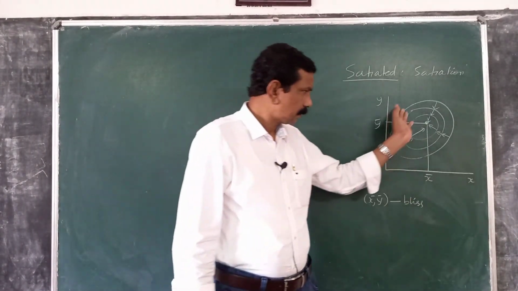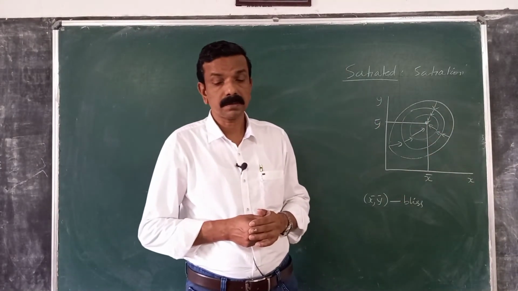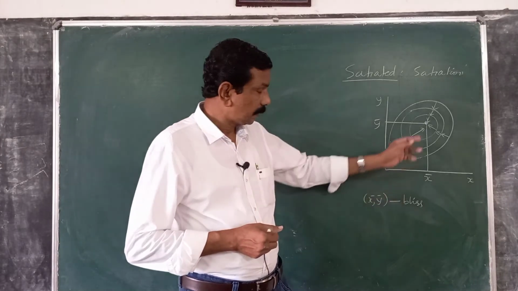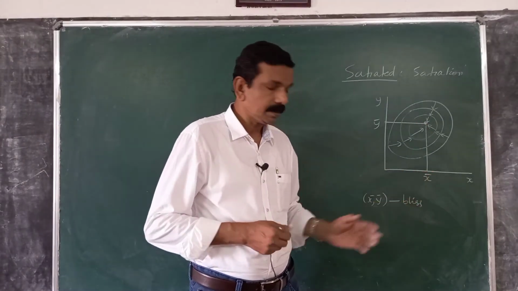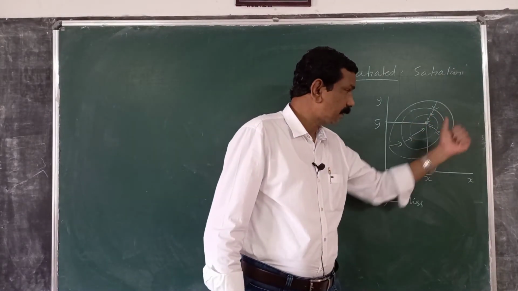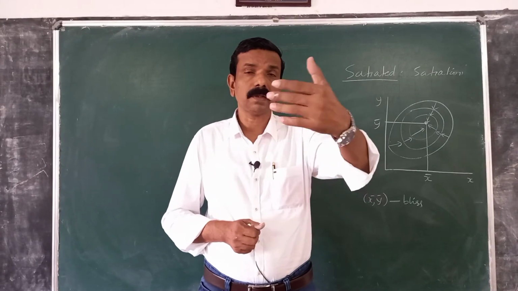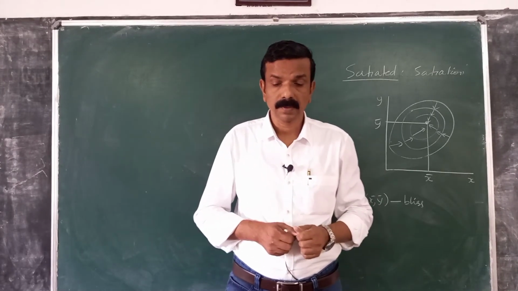In this case, this will be the shape of the indifference curves. The best point is X bar, Y bar, the point of bliss, the satiation point. Farther away from the satiation point, the consumer is on a lower indifference curve.